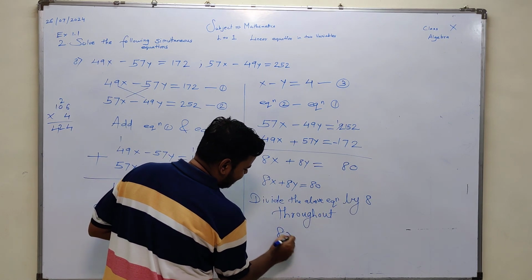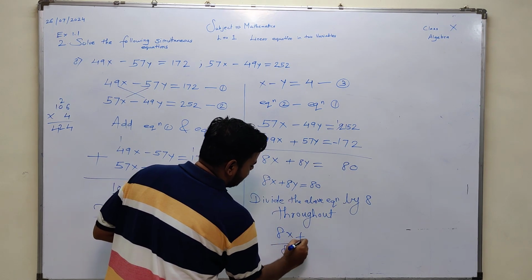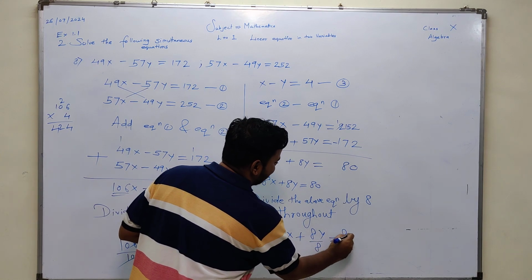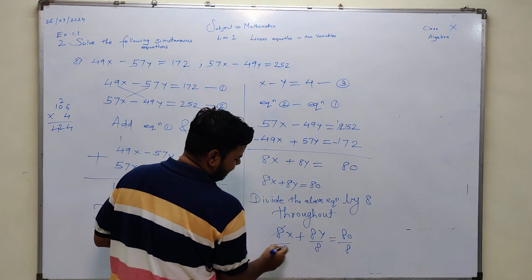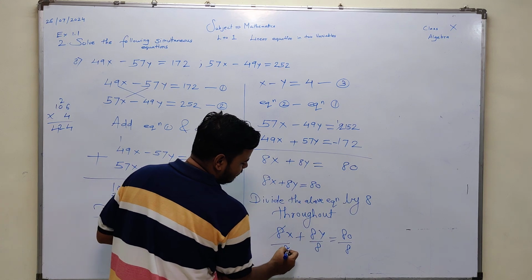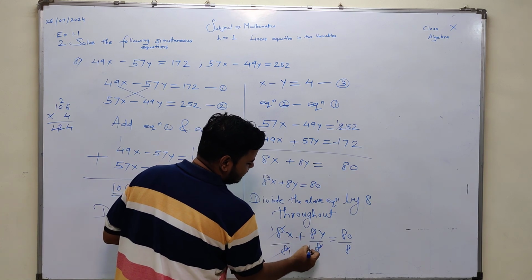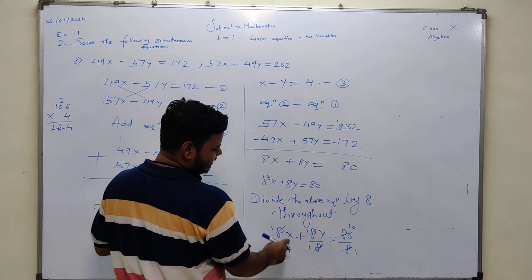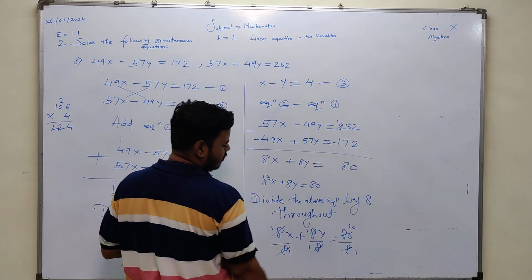So it will be 8x upon 8 plus 8y upon 8 is equal to 80 upon 8. 8 gets cancelled. 8 ones are 8, 8 ones are 8, and 8 tens are 80. So what do we get? X plus y is equal to 10.